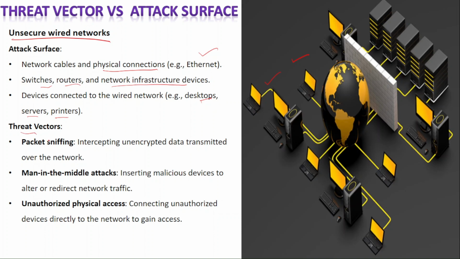So the threat vectors include, again, packet sniffing, intercepting unencrypted data transmitted over the network. If you use unsecured or unencrypted protocols, for example, if you use FTP for file transfer, FTP uses unencrypted plain text file transfer that can be easily intercepted. Similarly, if you use Telnet, it also uses unencrypted data transmission, so this can be easily intercepted.